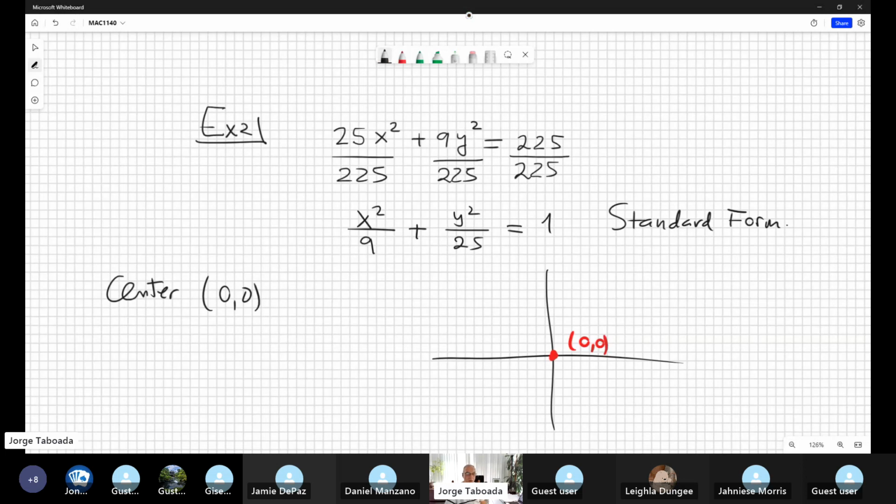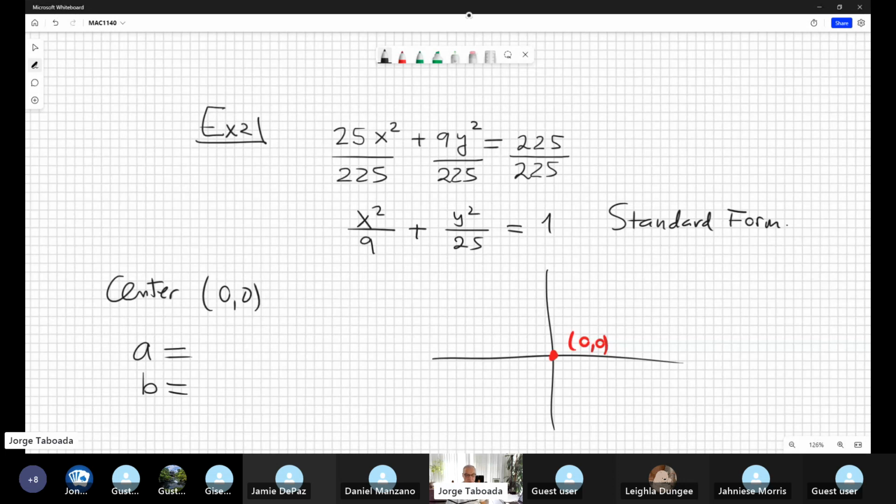And what about A and what about B? Who helps me? A is 3 and B is 5. I don't think so.